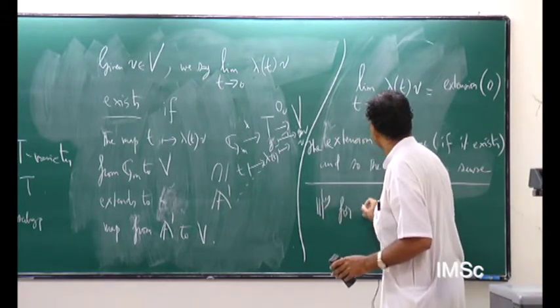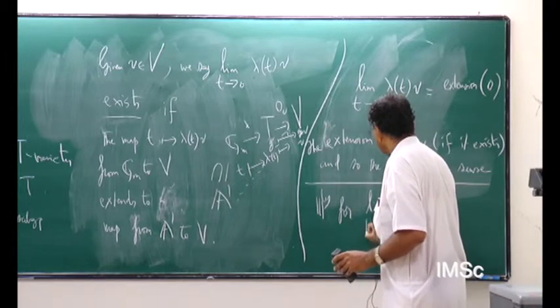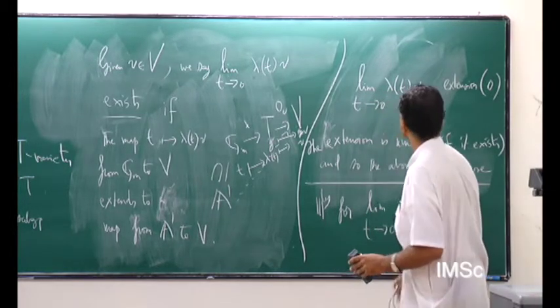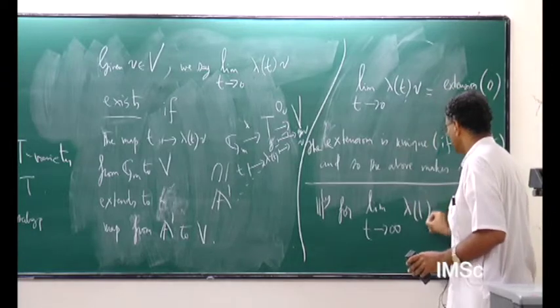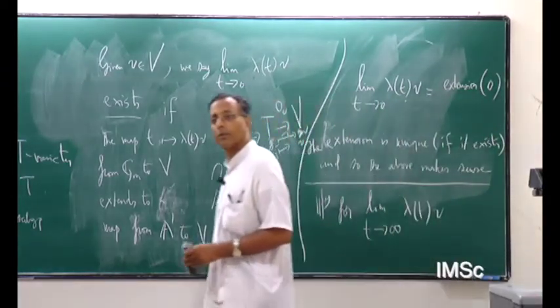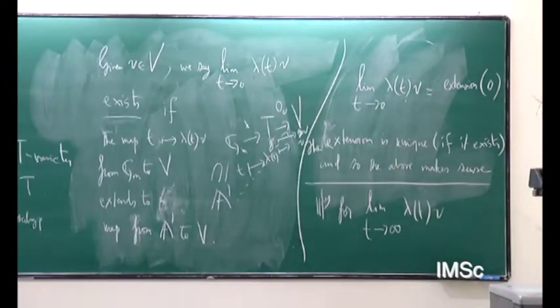Now question, similarly for the limit as T tends to infinity of lambda T. What do we do? Look at the map GM to GM, x going to 1 by x. It's just like in complex analysis, when you want to say something is happening at infinity, you put 1 over z and take the limit as z goes to 0.